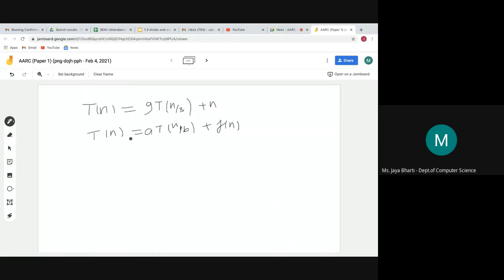Okay, so when you compare these two, you will get a is equal to 9, b is equal to 3, and f of n is equal to n only. Okay, so now we will see the cases.